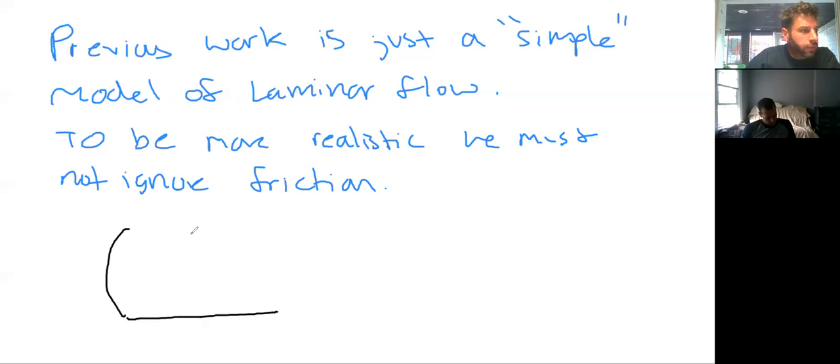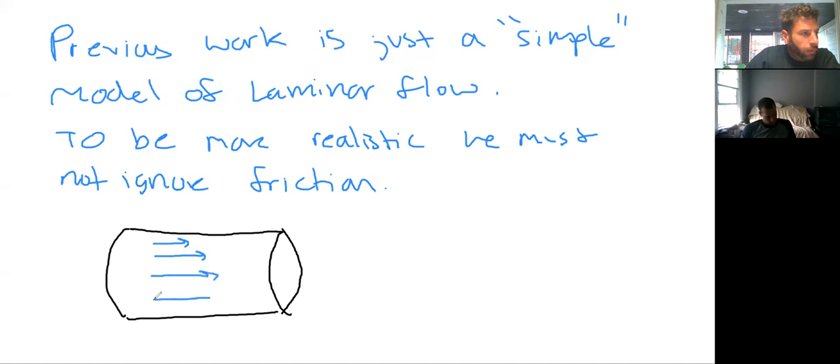As you would imagine, if I have a fluid flowing in my cylinder, that friction sort of builds up because it's going to be moving faster closer to the center.